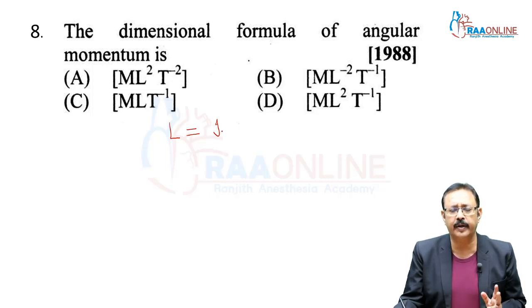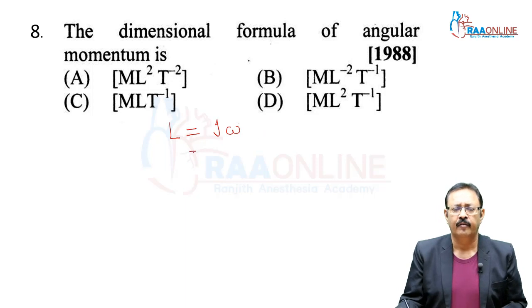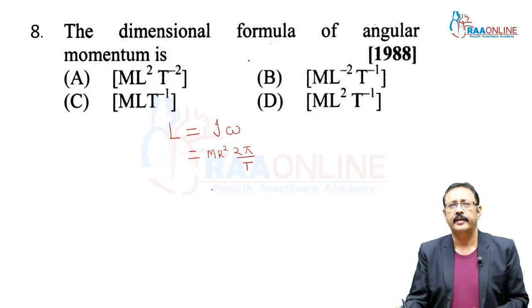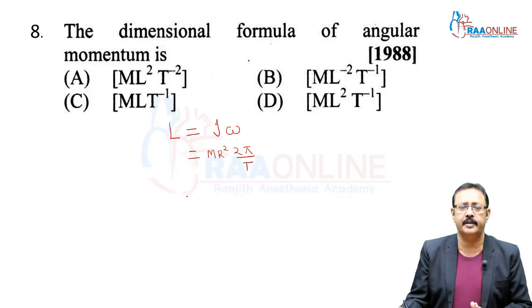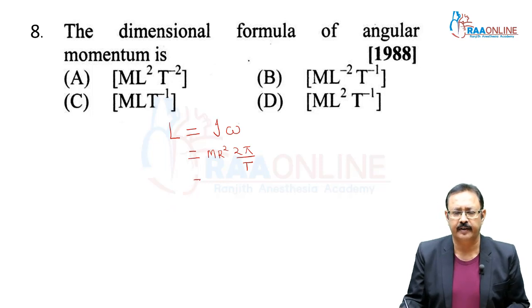In place of mass, I; in place of velocity, angular velocity. So many formulas you can calculate in these two ways. What is I? Moment of inertia, mr square. What is omega? 2 pi by T. So now everything is present in the form of fundamental physical quantities.